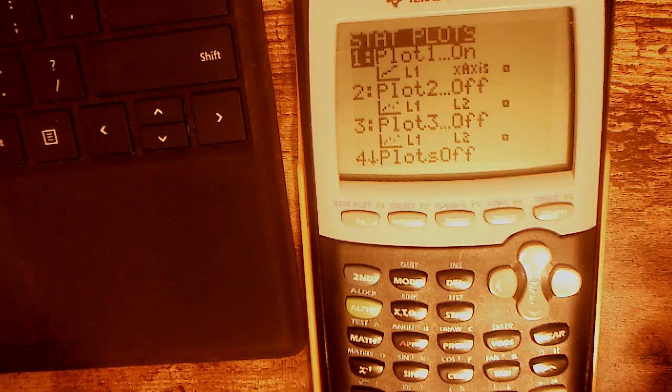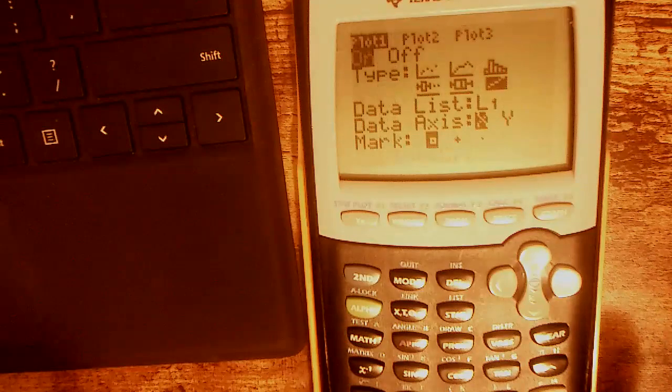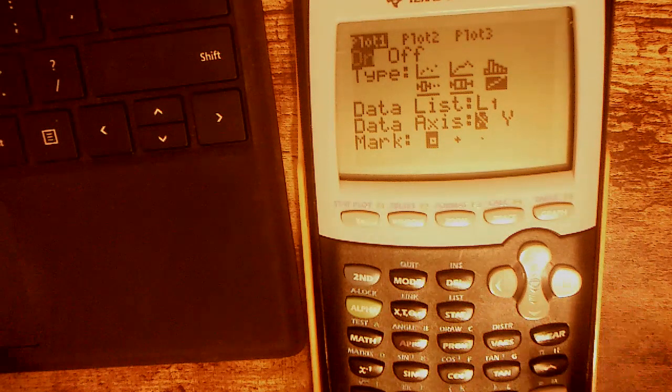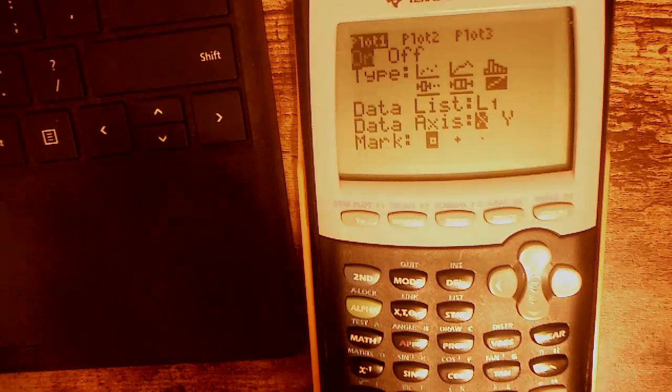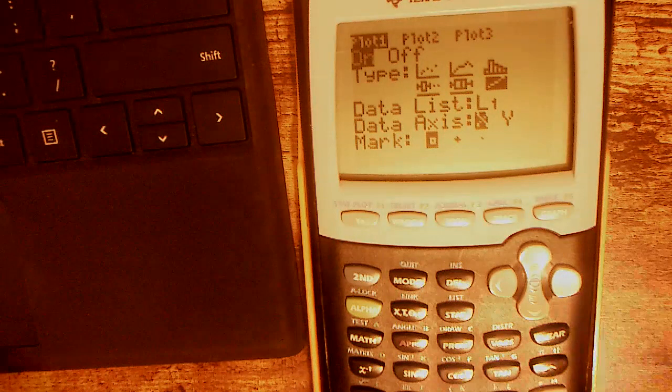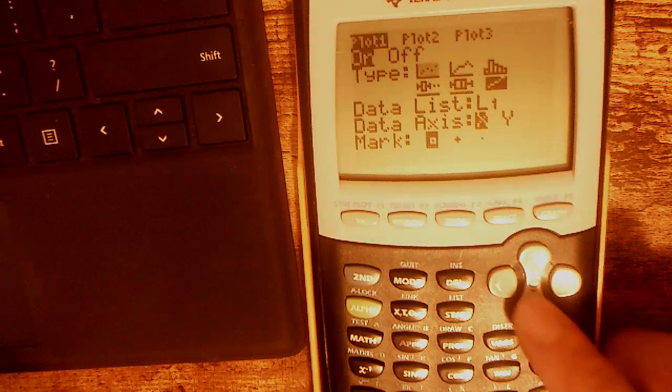Okay, and then enter. Do you have that? Okay, awesome. You need to make sure it's on. If the calculator is only blinking on, you are not confirmed. That doesn't count. You have to confirm it's on, and then go to the graphs.